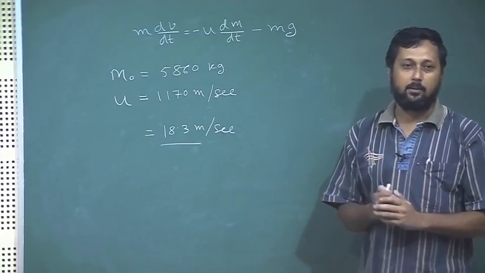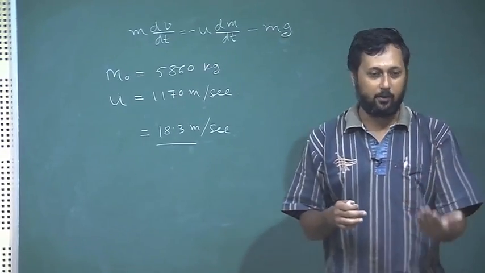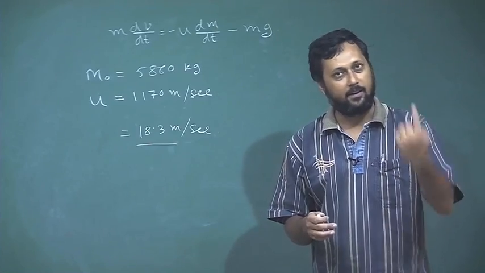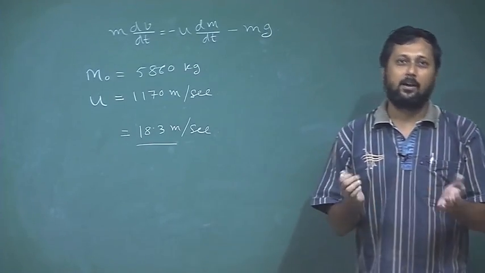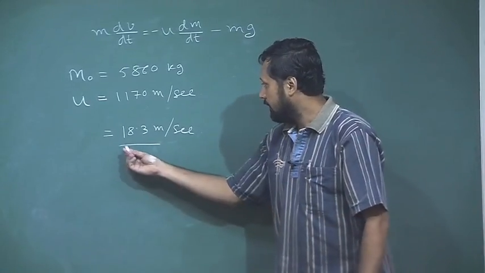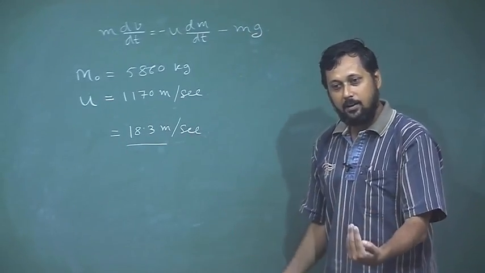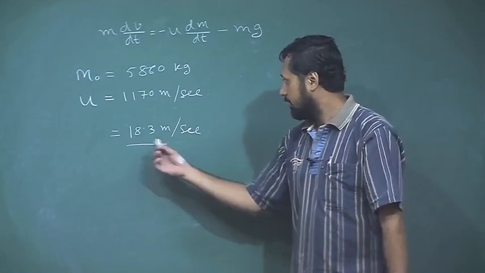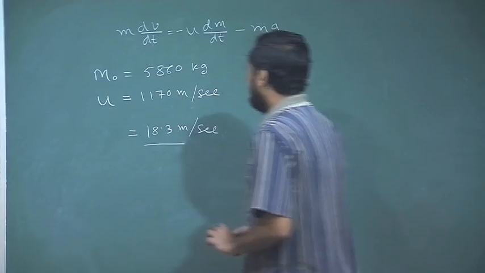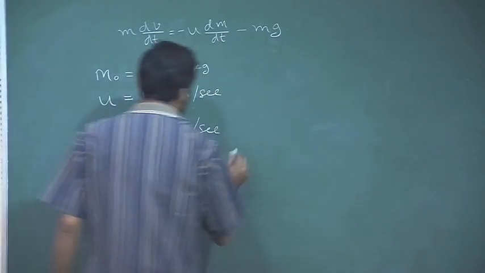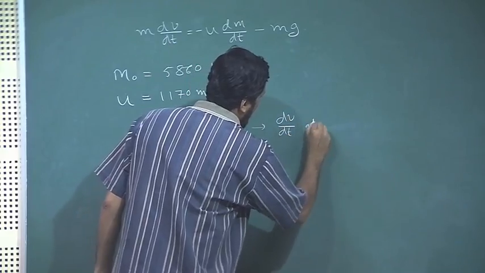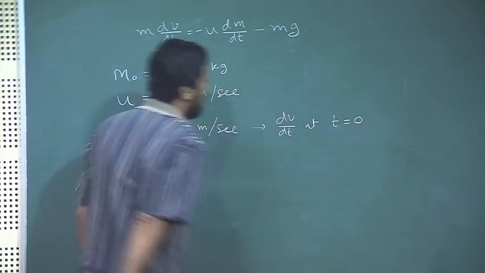It is not very practical, because in the real world the rocket generally starts very slowly and then accelerates, but let us assume a hypothetical situation, maybe a toy model. Here we want the initial lift off acceleration to be 18.3 meters per second squared. Please understand, this is the acceleration dv dt at t equal to 0.